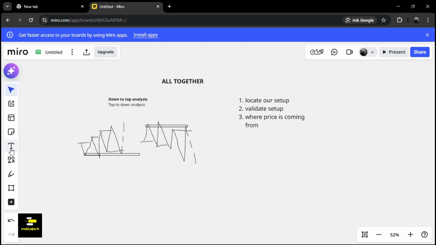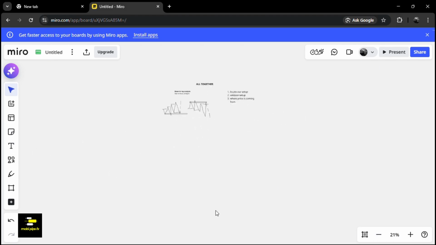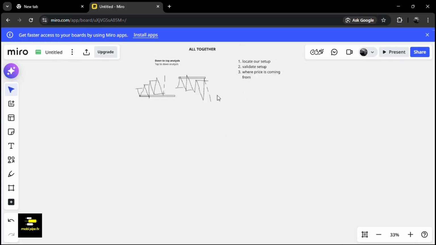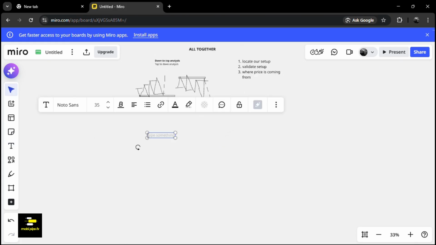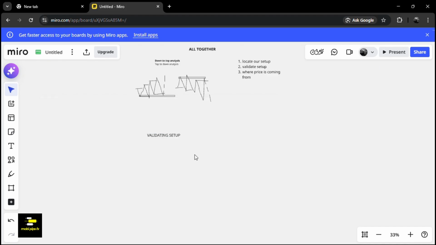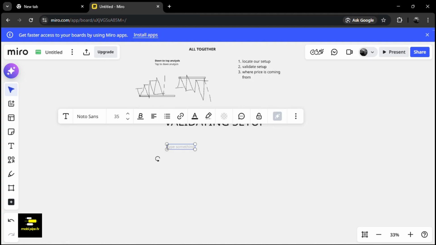So how do we validate our setup? This is validating. Okay, so to validate the setup, we first of all look for, as we have said, a sweep of liquidity.